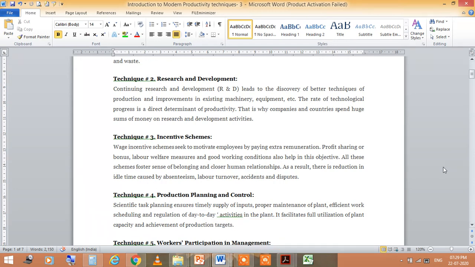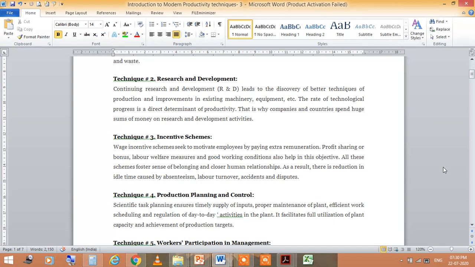This continuing research and development, that is called R&D, leads to the discovery of better techniques of production and improvements in existing machinery, equipment, etc. So the rate of technological progress is a direct determinant of productivity. Because of this reason, companies and countries spend huge sums of money on research and development activities.